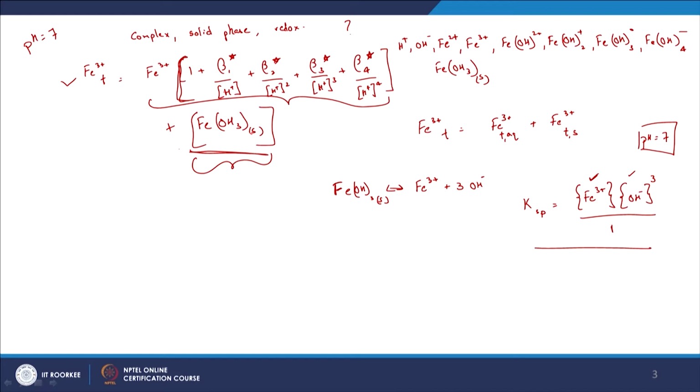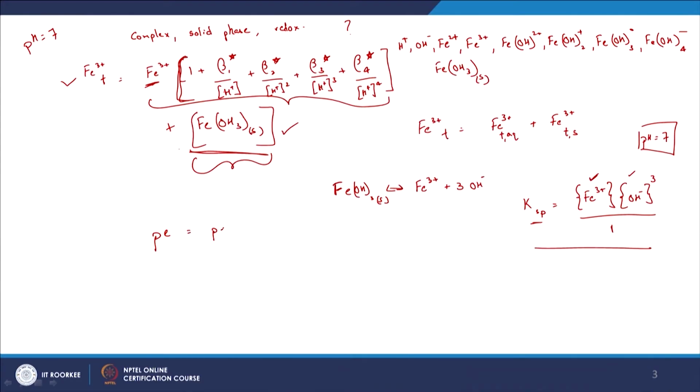From here I can substitute the relevant value of Fe3+, calculate Fe(OH)3 solid, and get the relevant aqueous phase concentration of Fe3+, or obviously the free metal concentration. So, obviously we need to look at those relevant aspects in such a manner. This is how I would work it out by hand.